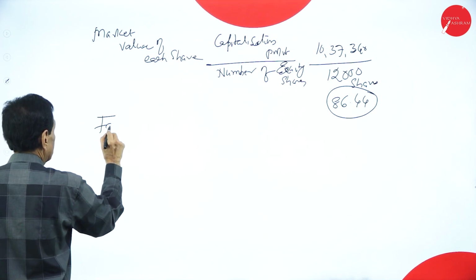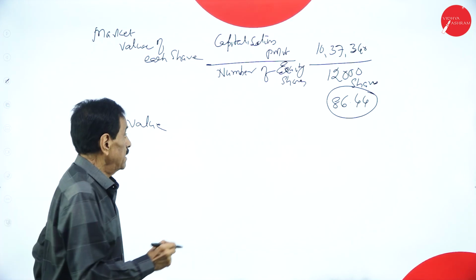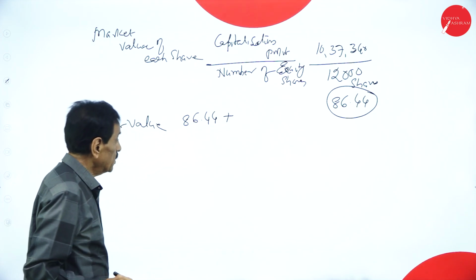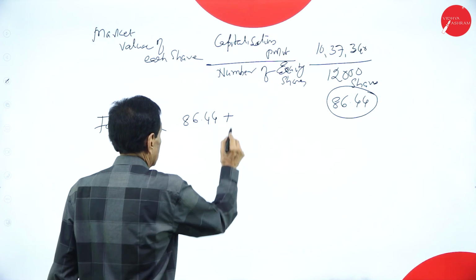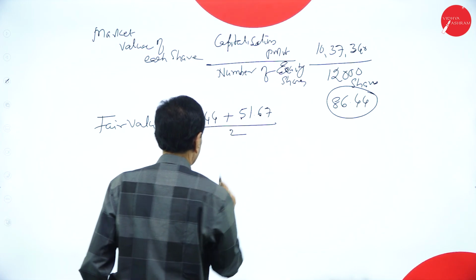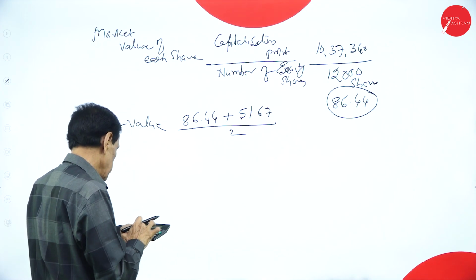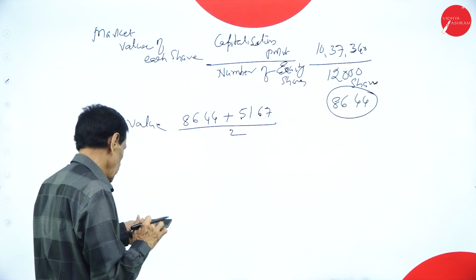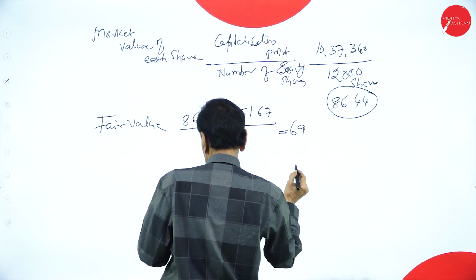Fair value: add both. Answer of the net asset method. 86.44 plus, what's the value of share under net asset method? 51.67. 86.44 plus 51.67, whole divided by 2, is 69.05.